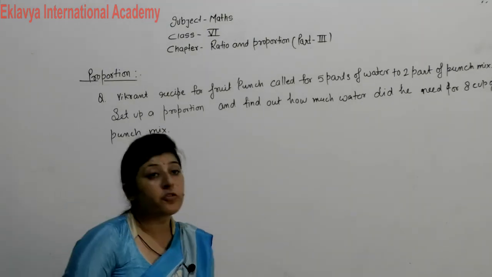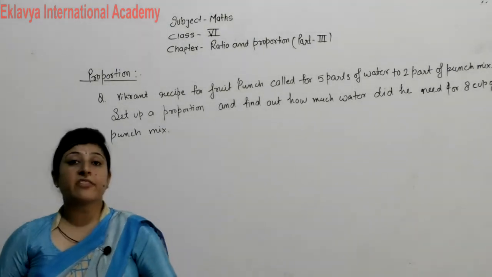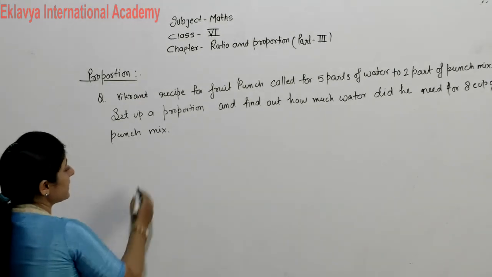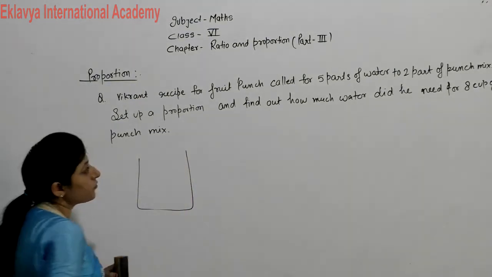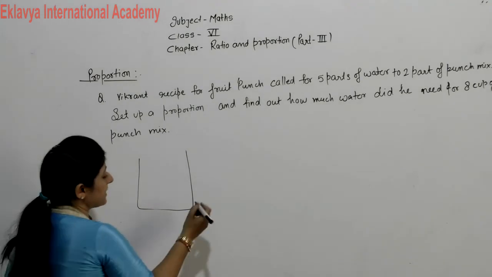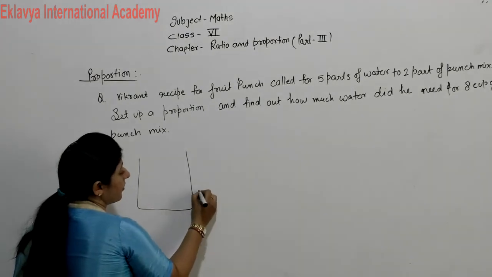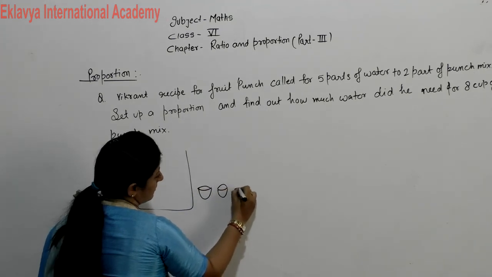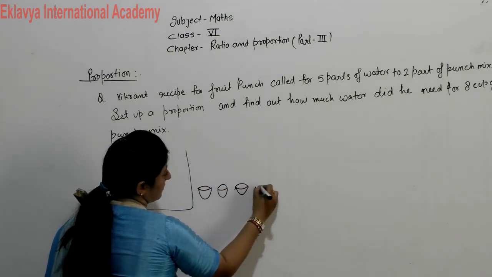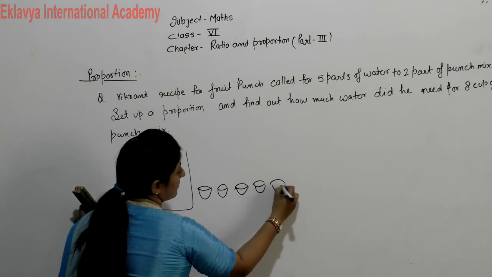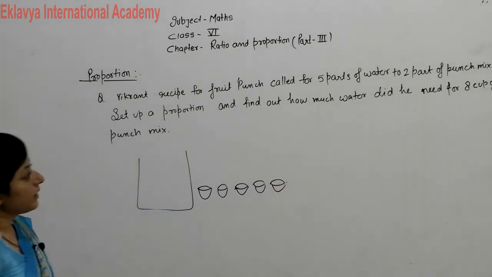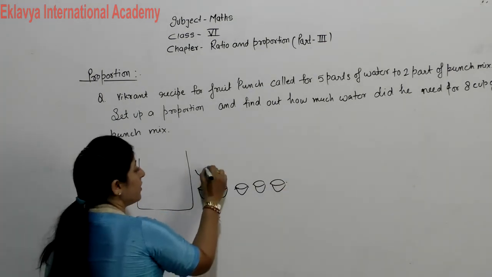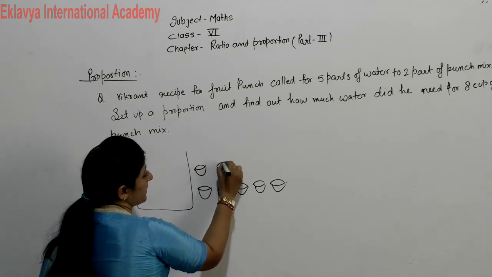Vikrant's recipe for fruit punch. Vikrant wants to make a fruit punch. Suppose in this fruit punch he is taking 5 cups of water plus 2 cups of punch mix.